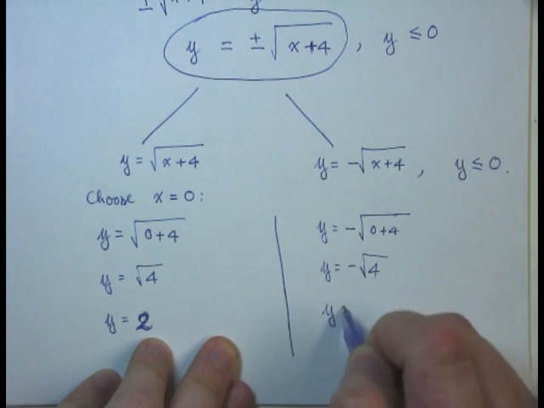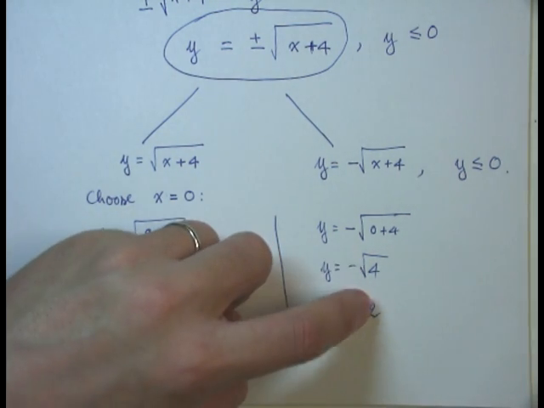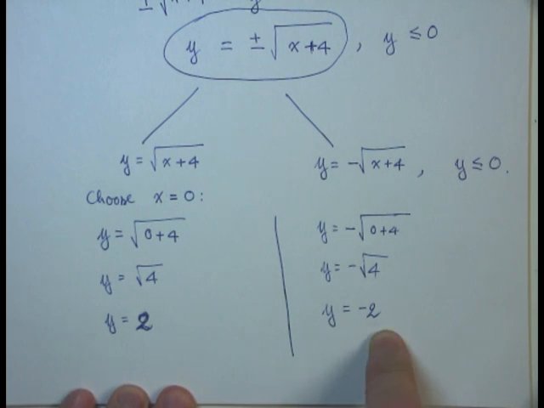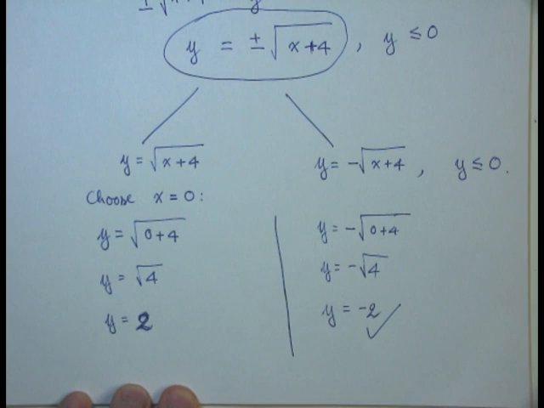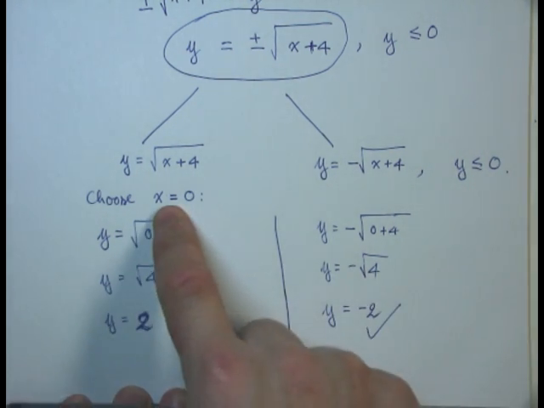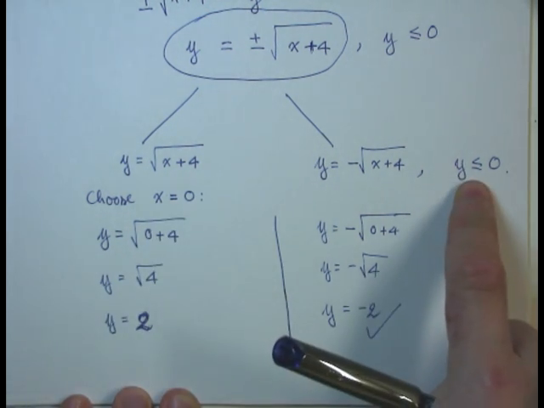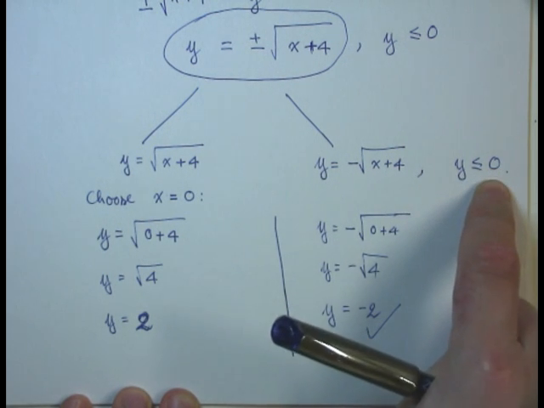That means y equals minus 2, because the square root of 4 itself is 2, and with a minus it's minus 2. Between these two answers, clearly the y value on the right is the one that is consistent with the conditions, because we want the expression that gives a y value less than or equal to 0.